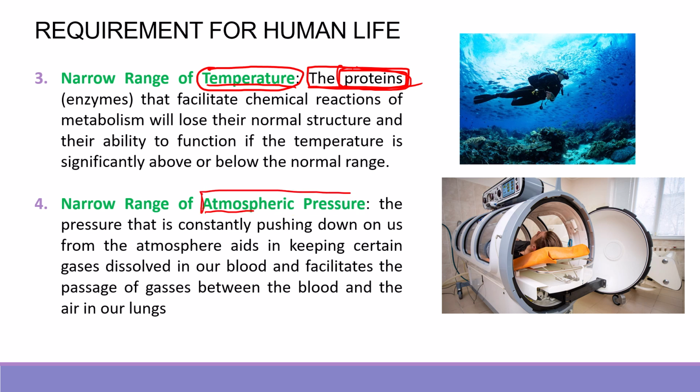Now, atmospheric pressure is also important in the process of breathing. Okay, when we take a deep breath, the difference between the pressure outside, the atmospheric pressure, and the pressure you have in your lungs is important for breathing.